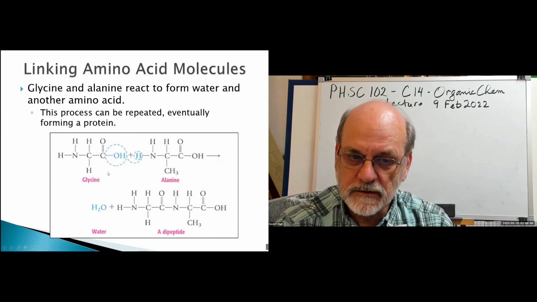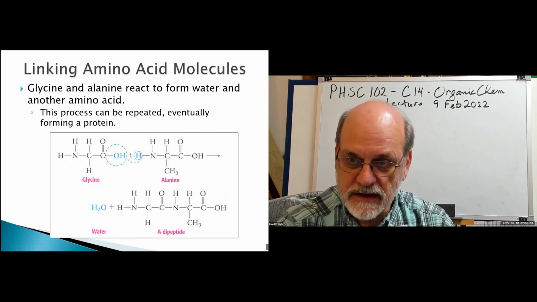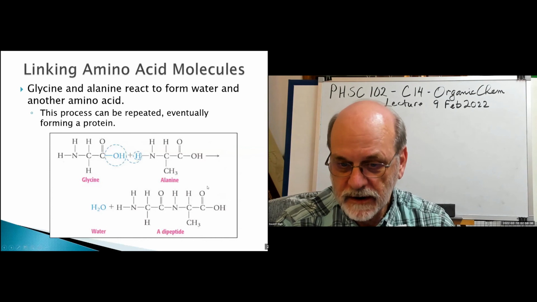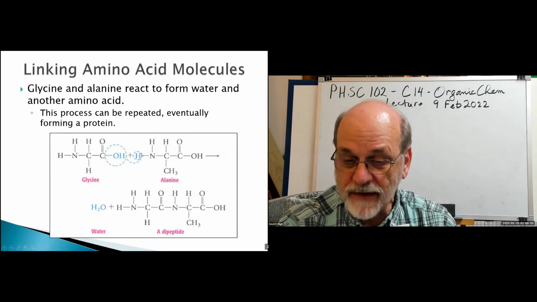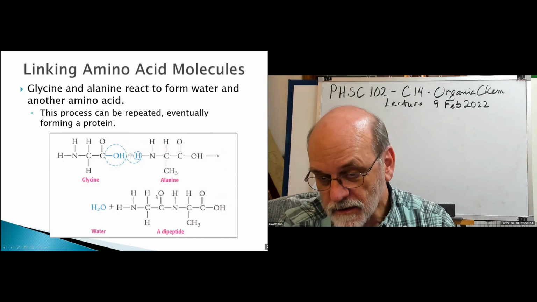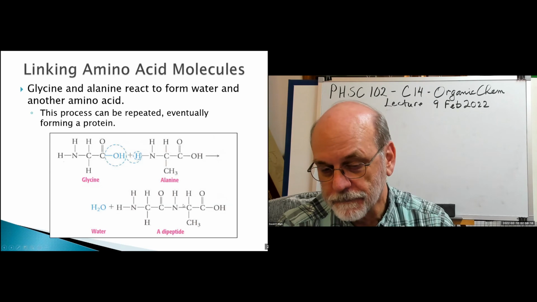And then the functional groups of the amino acid stick off to the side here like this. Glycine has a methyl group. And if we bond those two together, we get a dipeptide. And right here is your peptide linkage.